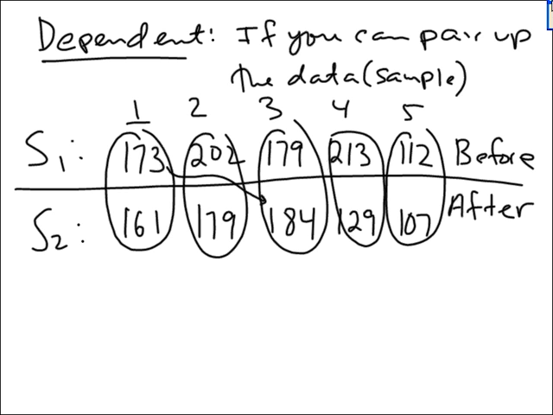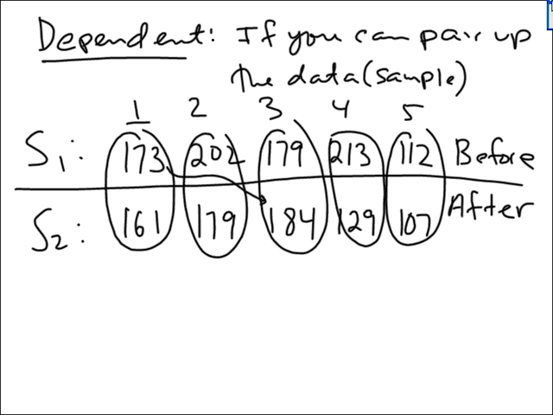Seemed like the diet was really good for this person. Person number 3, on the other hand, went up a few pounds. Person number 4 was amazing. Went down almost 100 pounds. 84 pounds they went down. Diet was fabulous for person number 4. Greatest diet ever, this person would say.